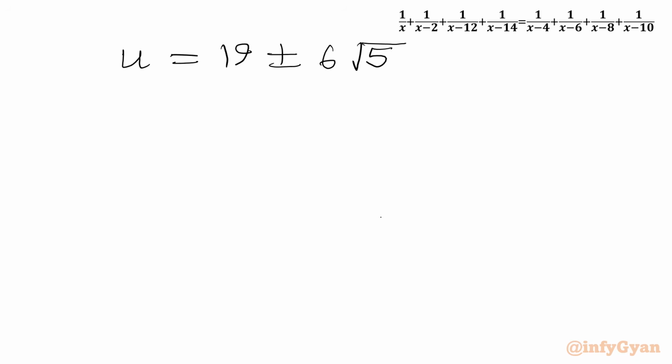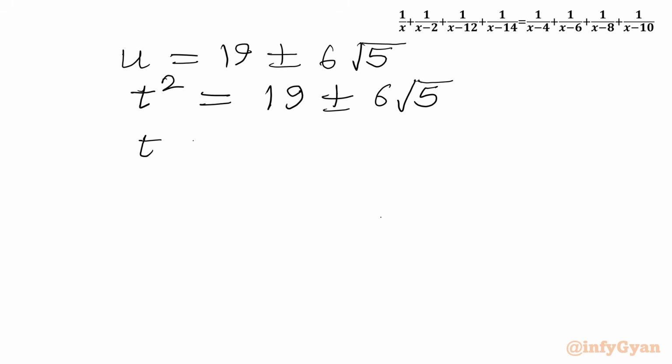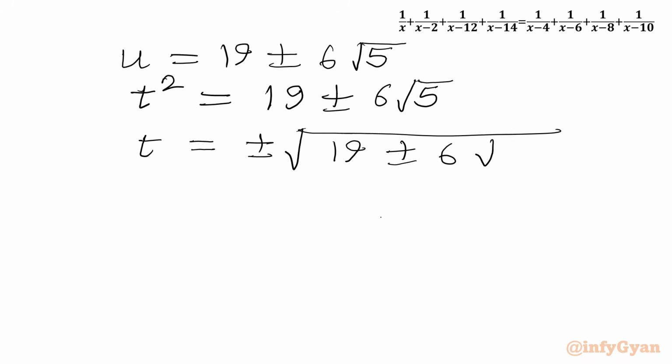Now u was our substitution. So I can write t square, which is u, equal to 19 plus minus 6 square root 5. Now we will take square root once again. So we will write t will be equal to plus minus square root of 19 plus minus 6 square root 5. t was our substitution, x minus 7.